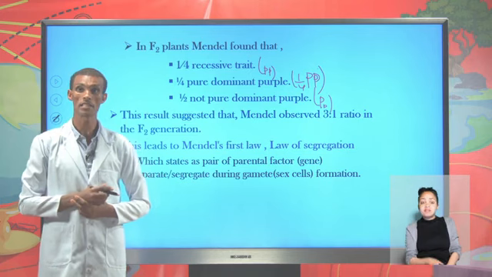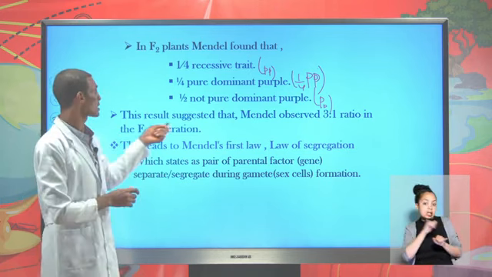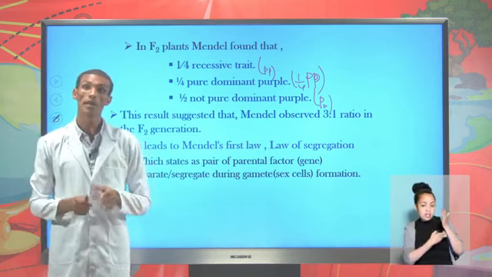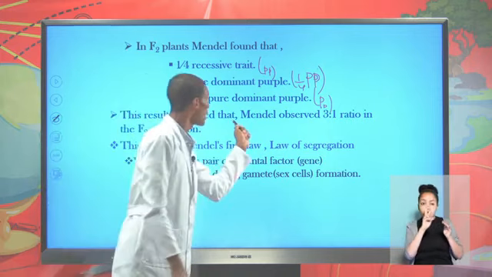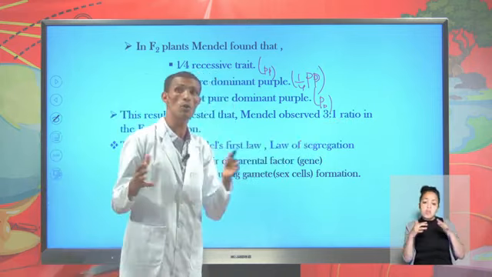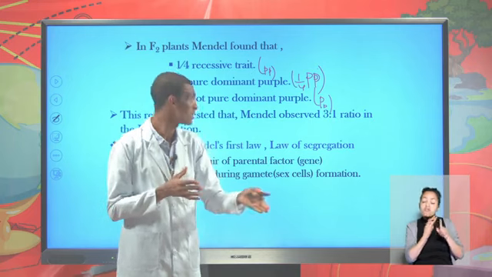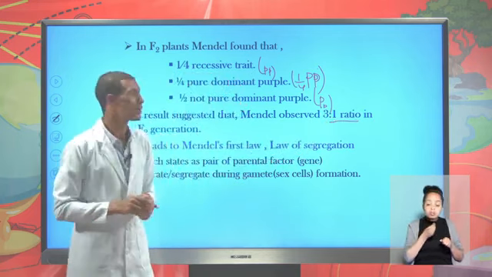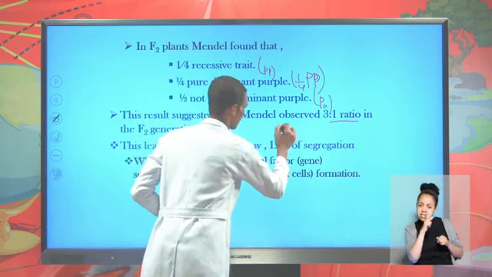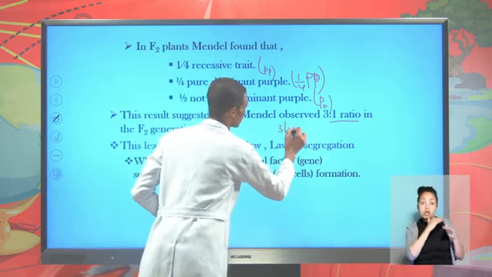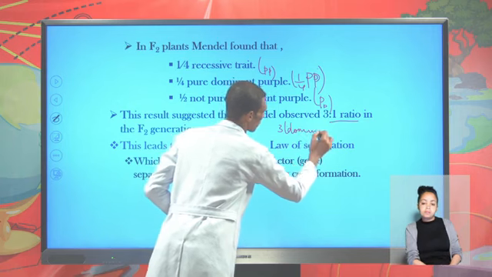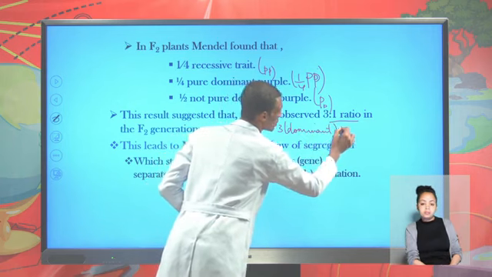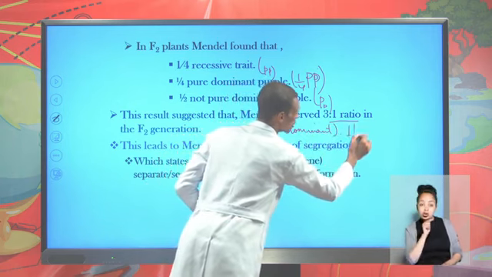You can expect this. This result suggests that in the F2 generation of a monohybrid cross, if we start from homozygous purple and homozygous white, we can obtain a 3-to-1 ratio. 3 represents dominant, with a ratio of 1, which is recessive.